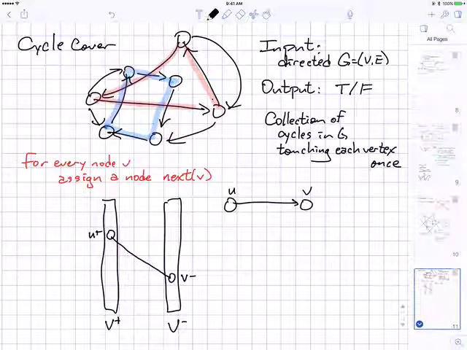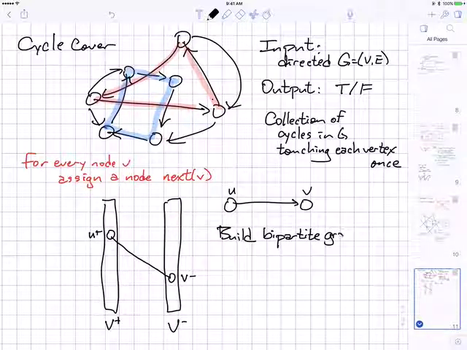Okay, so build the bipartite graph H with V of H equals V plus union V minus.